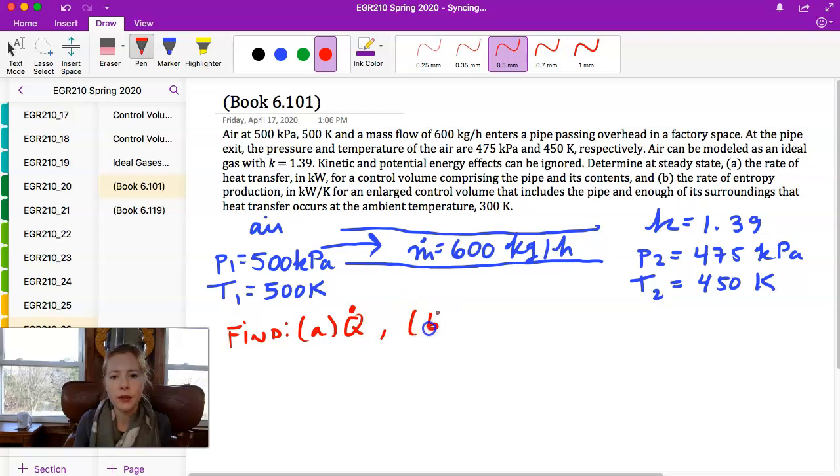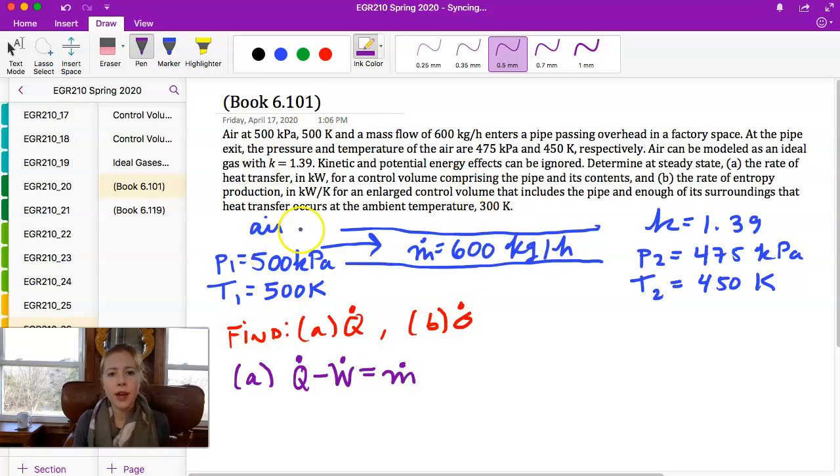And B, we're looking for sigma dot, the rate of entropy production. So for A, let's start with our energy balance. And so Q dot minus W dot is equal to M dot.